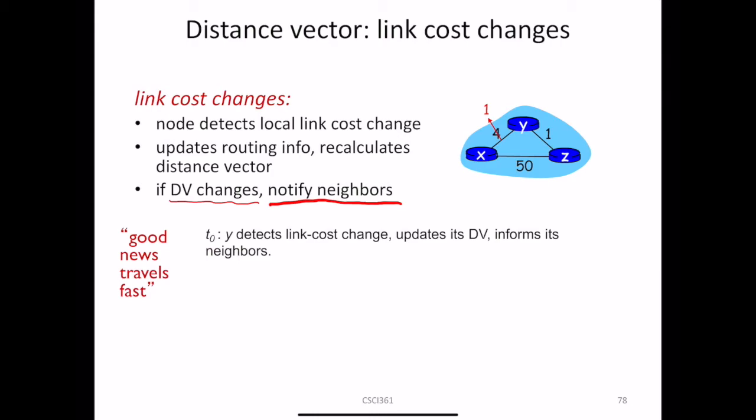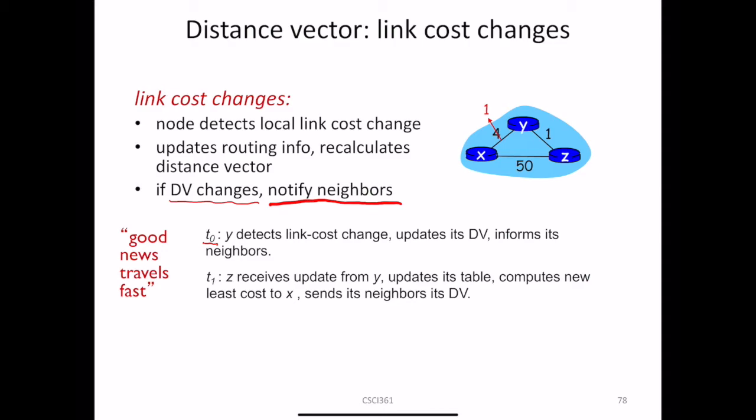So at the time t0, y will detect the link cost change. It will update its distance vector, then inform its neighbors. So at the time t1, Z receives the update from Y, updates its table and computes the new least cost to X. So for this update, the path cost will change from 5 to 2, because initially the path is Z, Y, X, 1 plus 4 equal to 5.